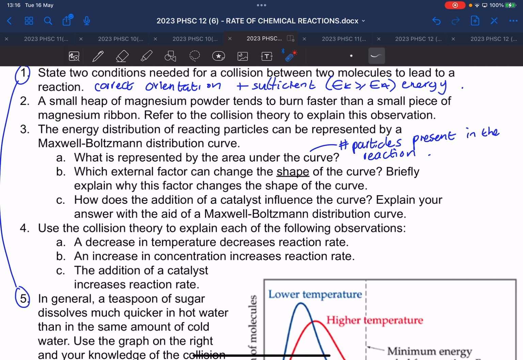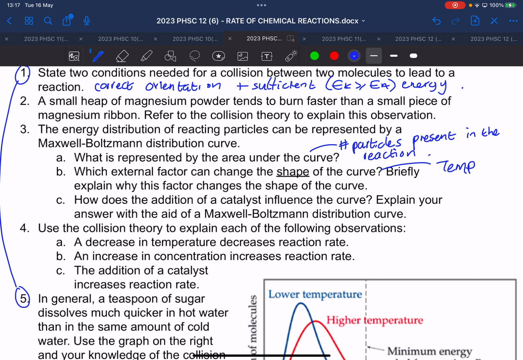We have state of division, and the 5 factors. Which one of those 5 factors will change the shape of the curve? It is the temperature. The temperature. What does the temperature do?